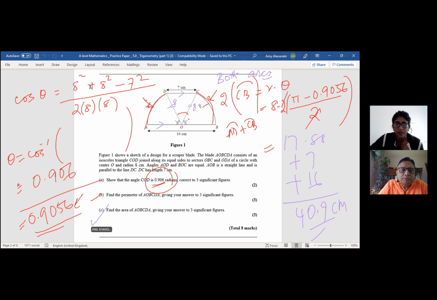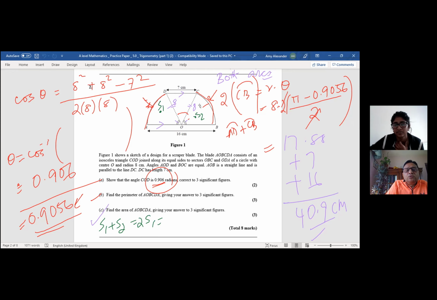Find the area of AOBCDA, giving your answer to 3SF. Area formula: half R squared theta, for these sectors, correct? Let's say S1 and S2. So S1 plus S2 area is 2 times S1, because both are the same.